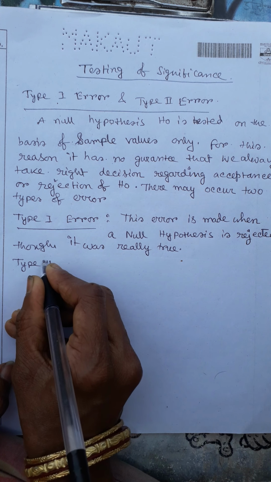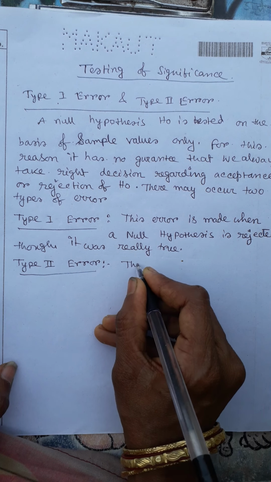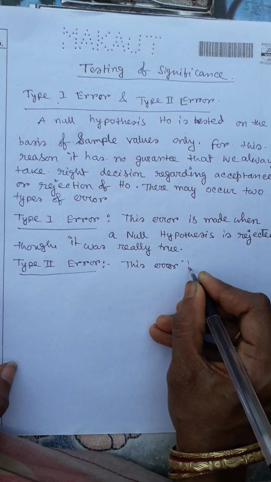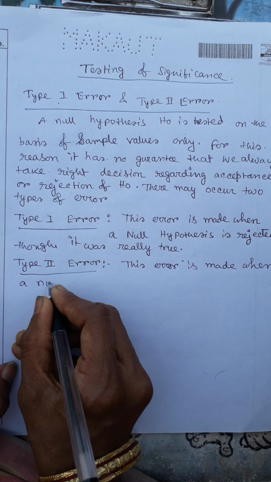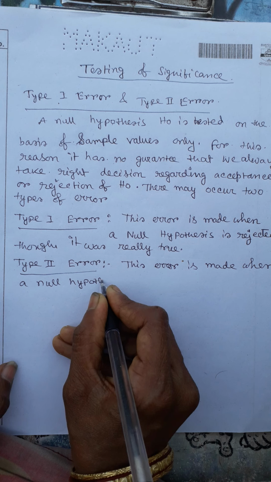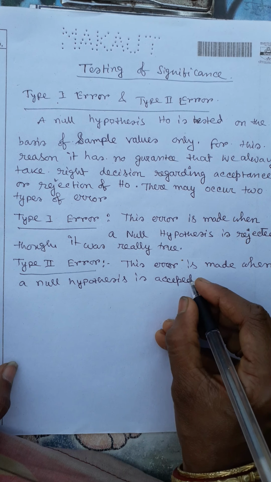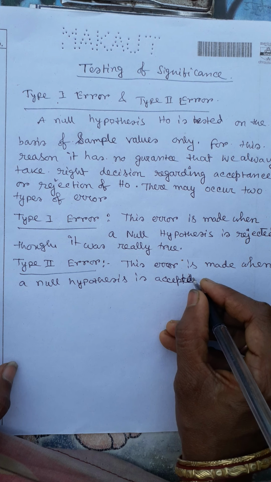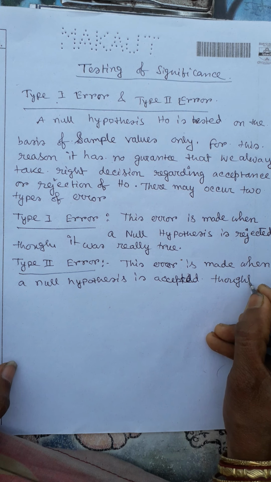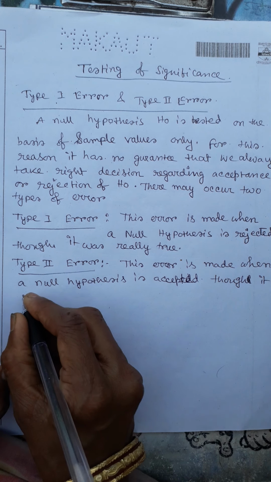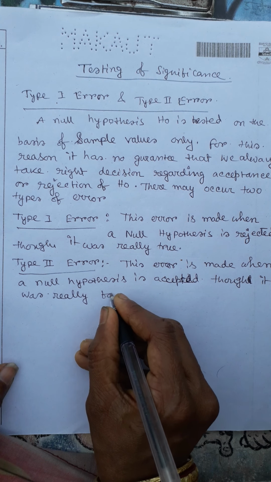And type 2 error, this error is made when a null hypothesis is accepted, though it was really false.